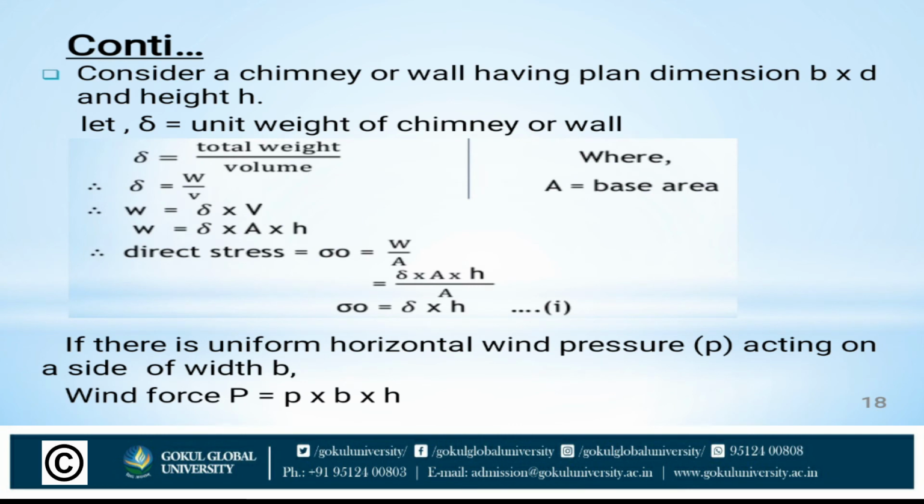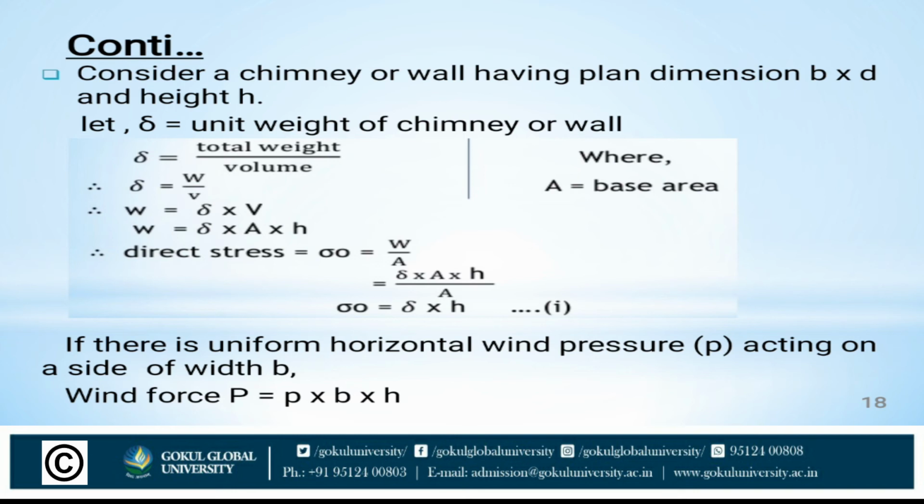Consider a chimney or wall having the plane dimension B by D and height H. Delta is equal to unit weight of a chimney or wall. So delta is equal to total weight divided by volume, so delta is equal to W by V. So W is equal to delta multiplied with V. So W is equal to delta multiplied with area multiplied with H. A is the base area.